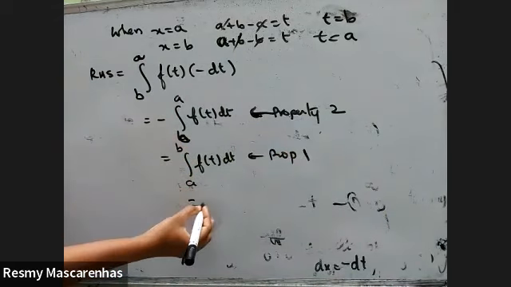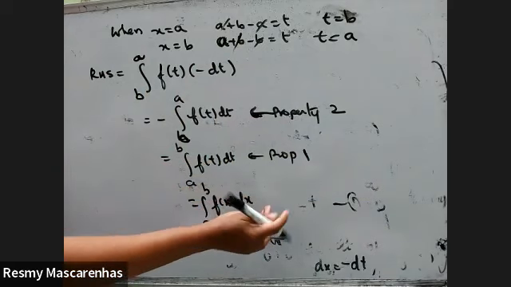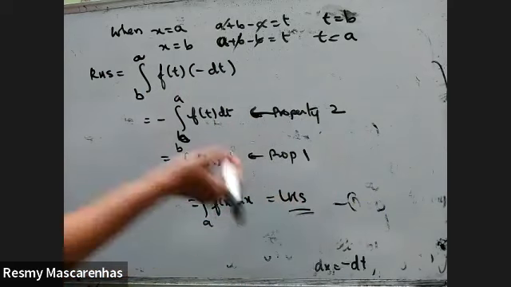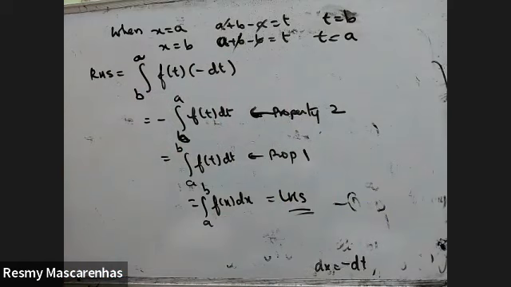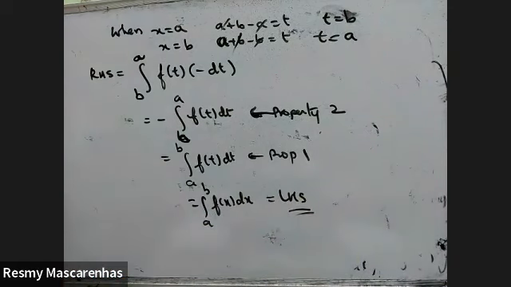F of t can be straight away replaced by f of x, which is equal to the left hand side. In the fifth proof, those 4 marks proofs I'll do in the next class.